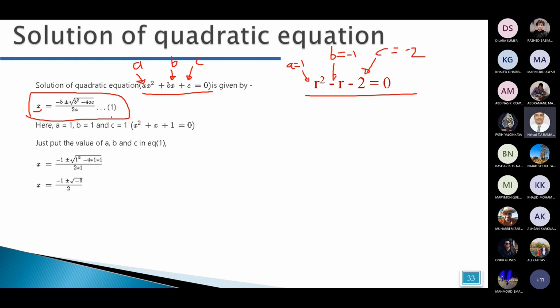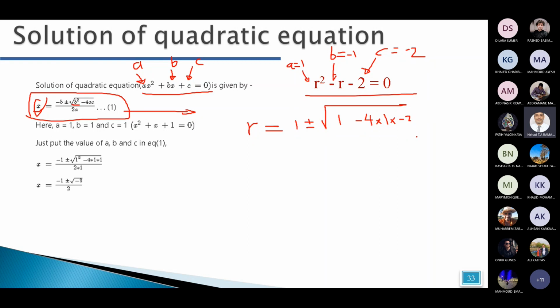Now to solve it, we will apply this one. So we will solve for r, not x now. r equals minus b. b is minus 1, so minus minus becomes plus, so 1, plus minus root of b squared, 1 squared, it's 1, minus 4 multiplied by a, which is 1, multiplied by c, which is minus 2.